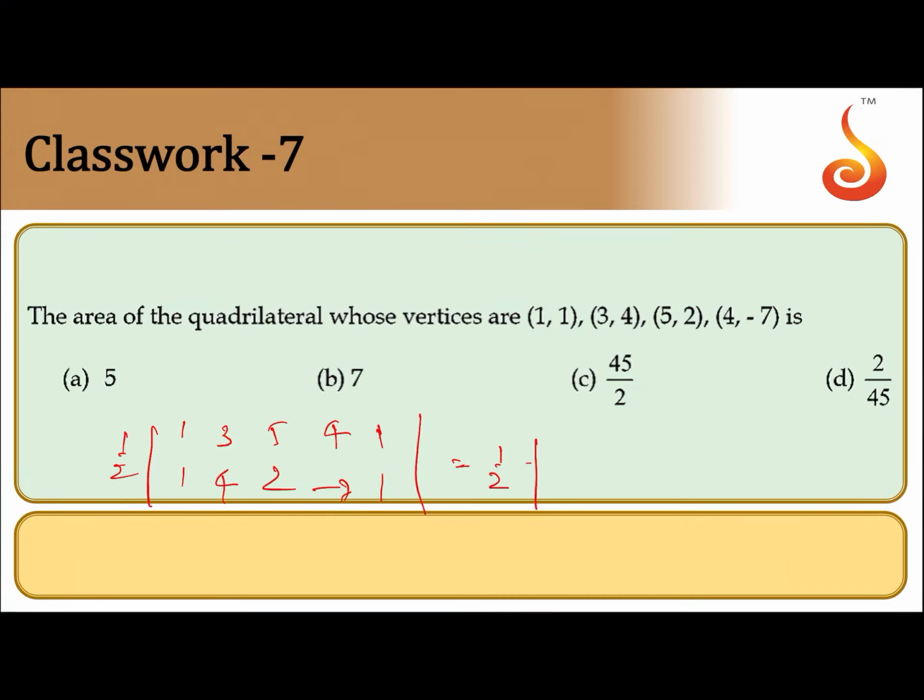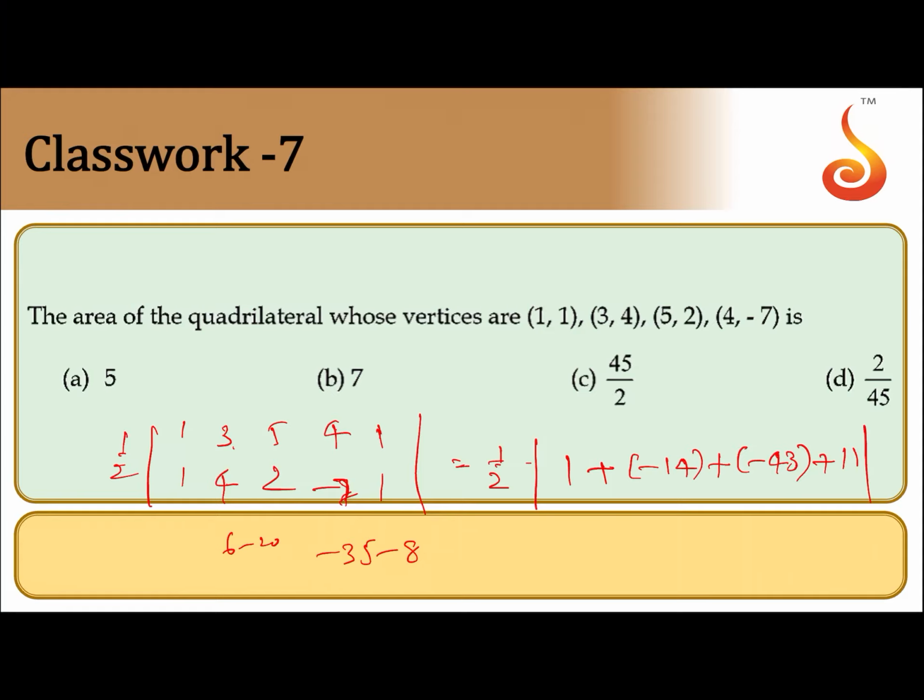It doesn't take much time, and you'll be getting 4 minus 3, 1; 6 minus 20, so minus 14; and the next one, minus 35 minus 8, minus 43; plus 4 plus 7 is 11.